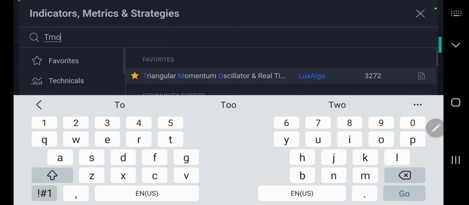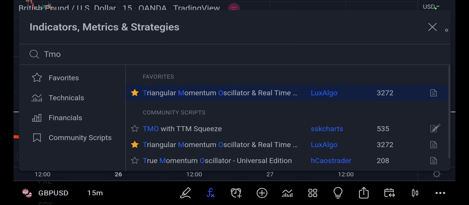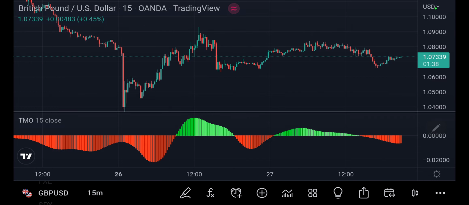Yeah, there is TMO, the momentum oscillator, the real time one by LuxAlgo. Put the star sign so it shows in your favorites. You have to click on this indicator, so let's see how it plots on our chart.